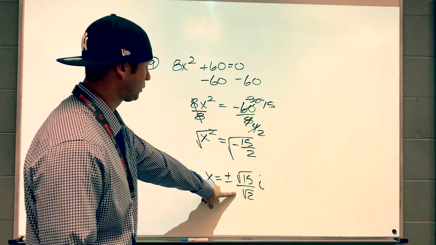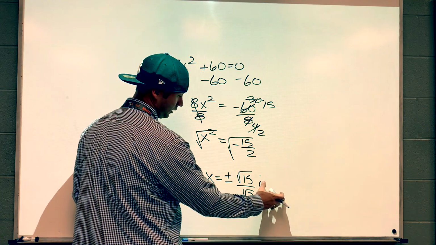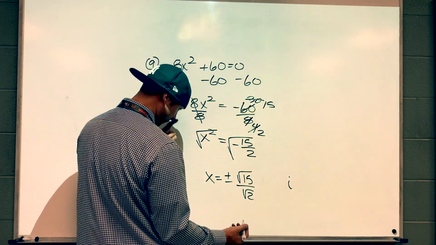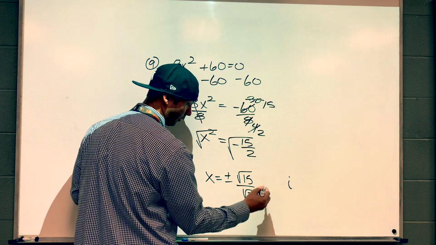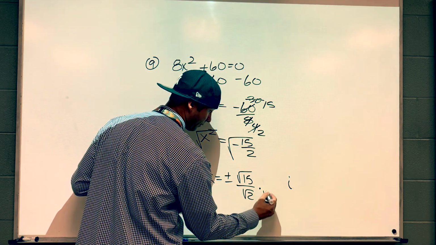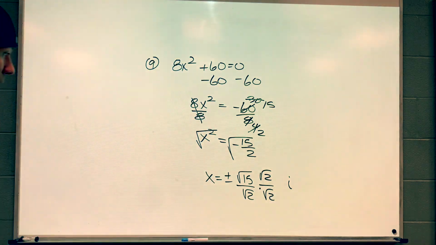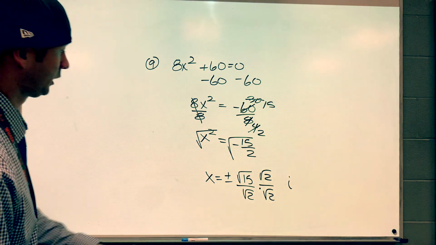Okay, I don't want to leave a square root in the bottom, so I need to rationalize the denominator. So I'm bringing i out of the way for the moment. So I'm multiplying by root 2 over root 2 because I want to get rid of this.